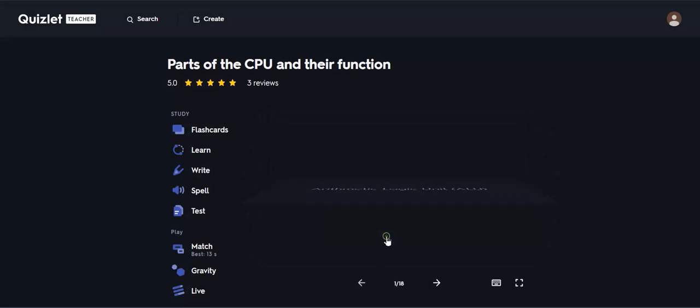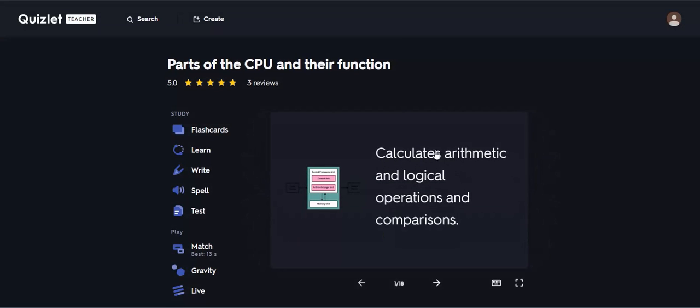This part, the arithmetic and logic unit, does arithmetic calculations and also logical operations and comparisons. Three different things: arithmetic, logic, and comparisons. Comparisons, we do that by using relational operators. You will see relational operators in a little while.